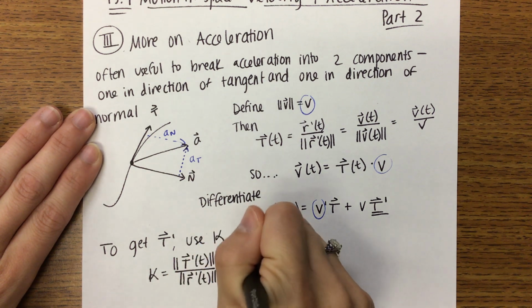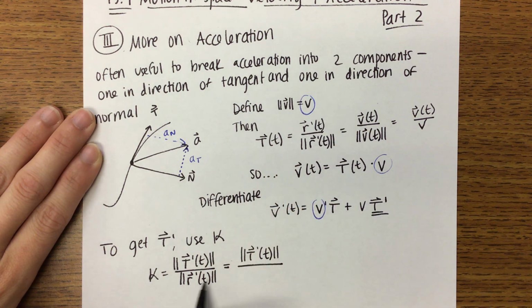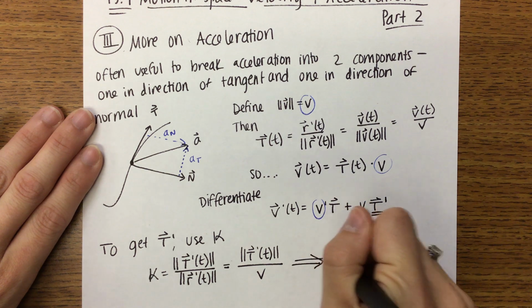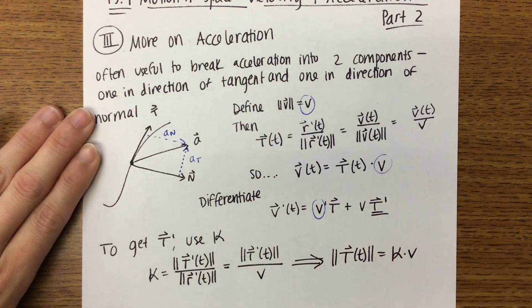So this is really the norm of T prime. The norm of r prime is the same as the norm of velocity, so that's really v. What that tells us is that the norm of T prime is equal to the curvature times v.